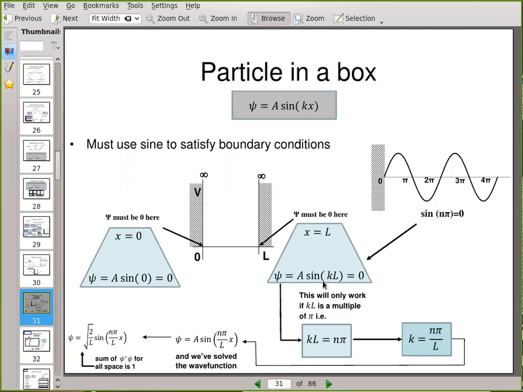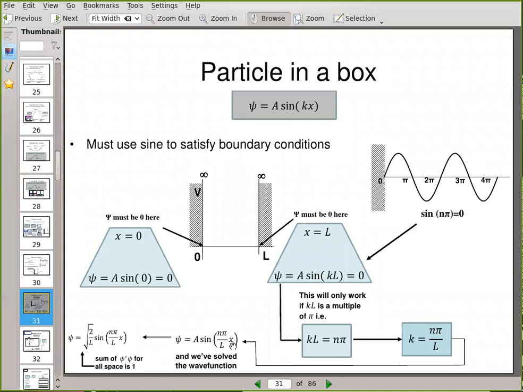If KL is a multiple of 180 degrees, then the sine at that right hand side will be zero. So we're forced to make sure that K times L is a multiple of 180 degrees, which means that we can now solve for what K is. And if we rewrite that K, we get n pi over L as that K.